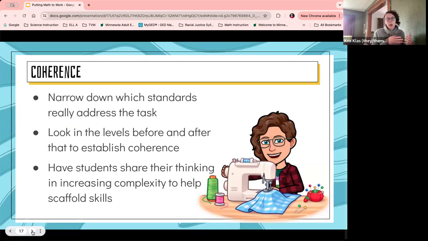So students who were maybe using repeated addition, having them explain how they solved the problem first, and then following up with a student who knows how to use multiplication to take a shortcut from that repeated addition, and continuing to have students share their work and their approach to problem solving in a scaffolded way so that everybody gets that push, that little nudge up a level by seeing somebody else work. But then also we can see, where did this thinking start from?